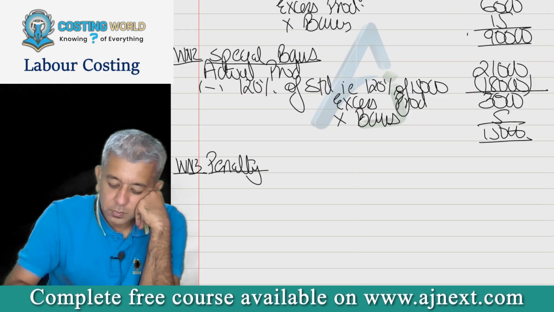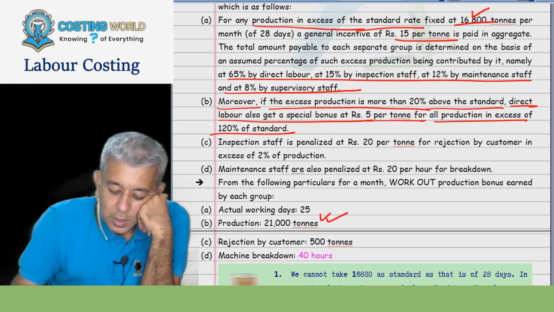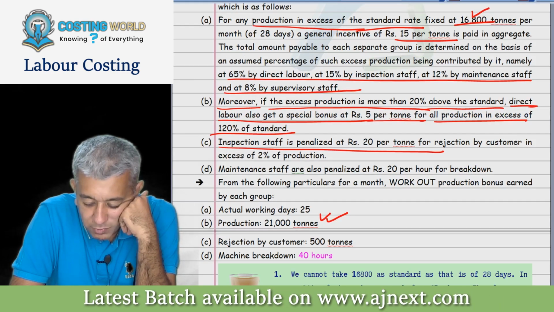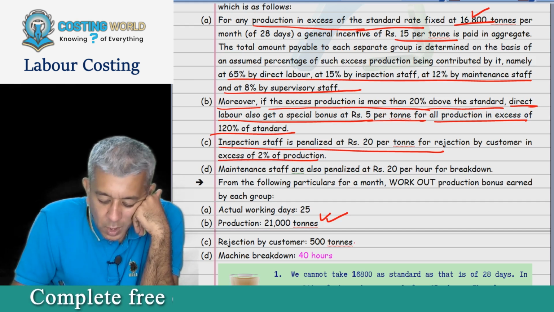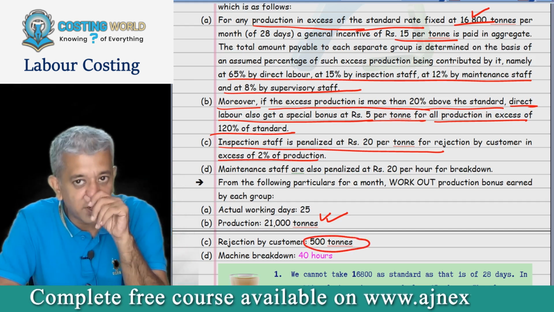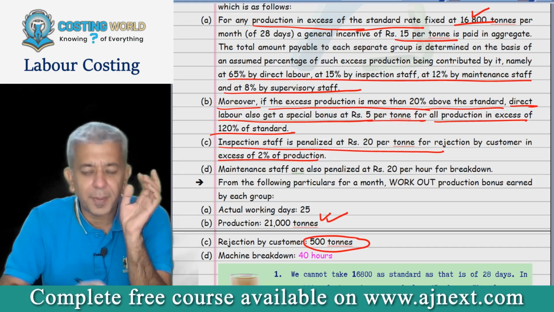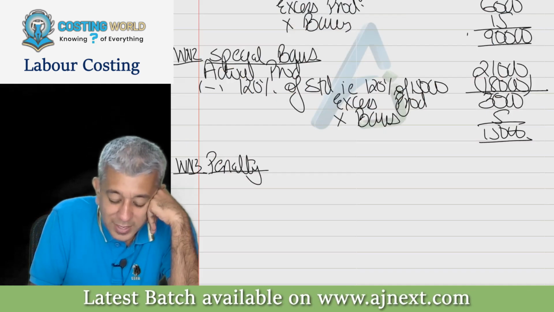Now, inspection staff is penalized at the rate of 20 per ton for rejection by the customer in excess of 2% of production. Actual rejection was how much? 500 tons. If the rejection is more than 2% of production, there will be a penalty. So let's first compute excess rejection.